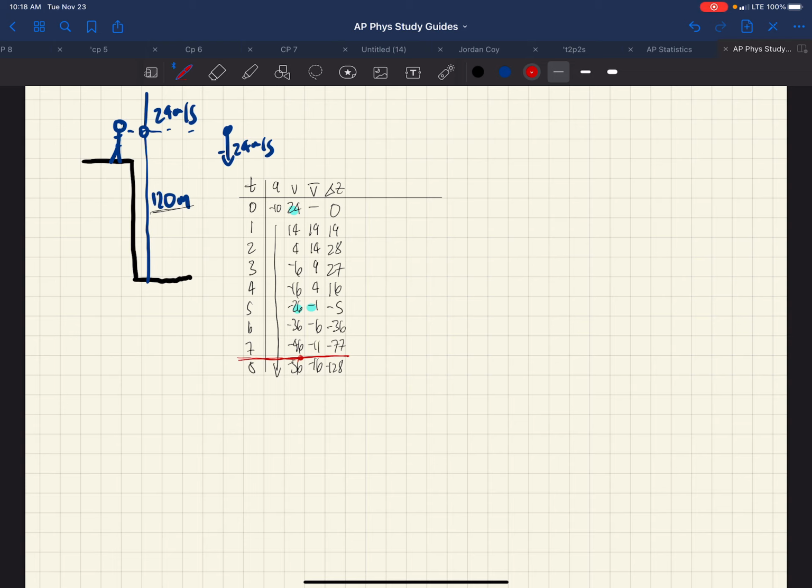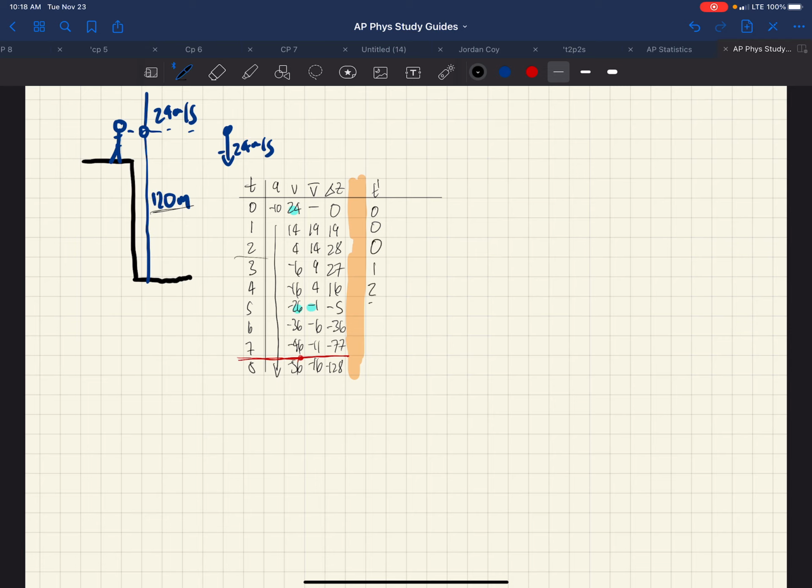All right, now we can move on to the second one. I'll just create a space here, and I'll add another table for it. And so we have our time, and then I'll have our time prime for our second object. Now, the second one isn't thrown until 2 seconds. So we have 0, 0, and then time 0 begins at 2 seconds.